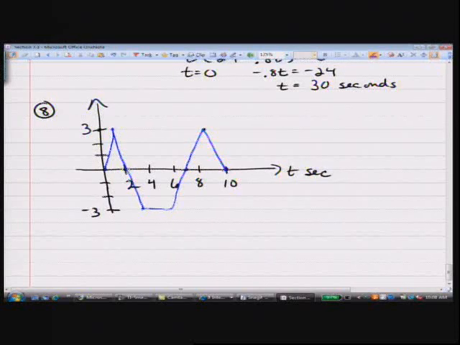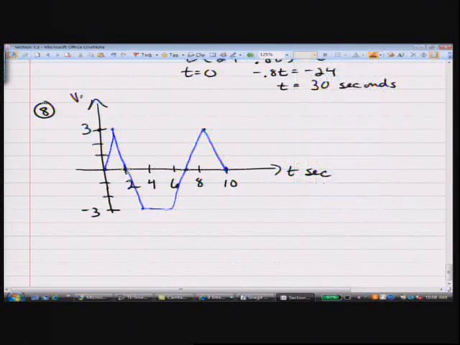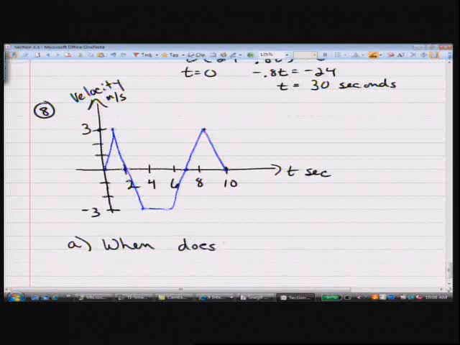And this is the velocity in meters per second. This is the velocity of a body moving along a coordinate line. All right, so now we have to answer some questions. I really like these questions. They're testy type questions. When does the body reverse direction?